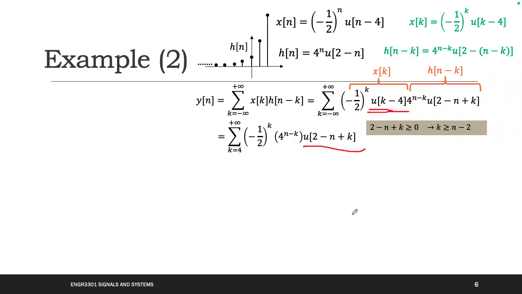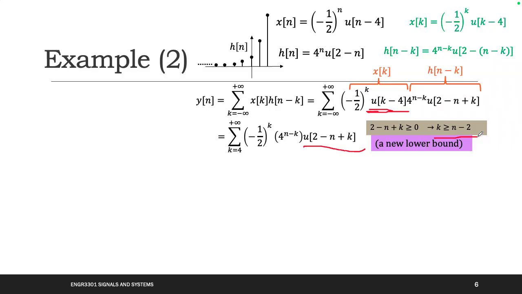But from the other part, we know k should be greater than or equal to 4. Here we also have the other lower boundary, k greater than or equal to n minus 2, so it is a new lower boundary. That makes sense to you?